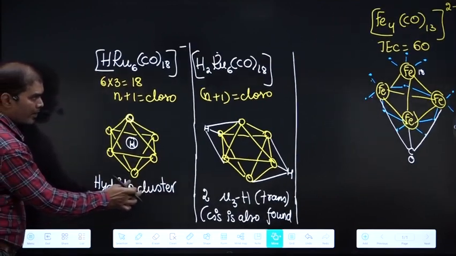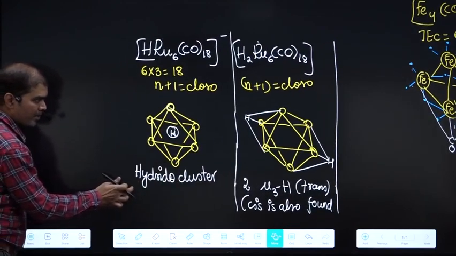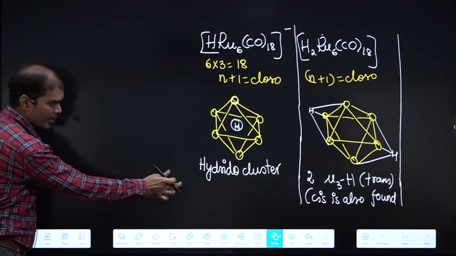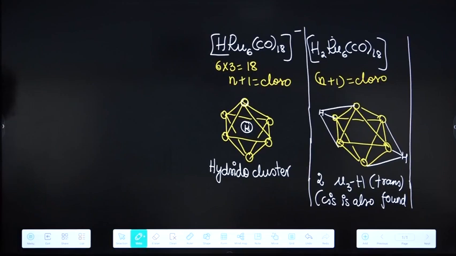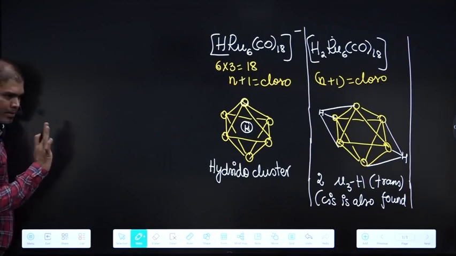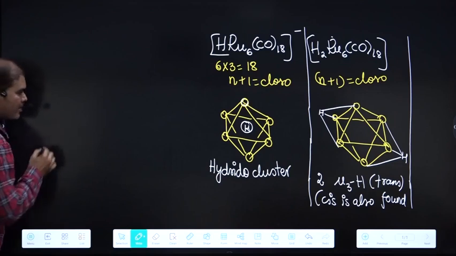How should you predict whether hydrogen, if it is present, should be interstitial, triply bridging, or doubly bridging? It is very, very difficult. So you have to know the structures. No other go. You have to know the structures.